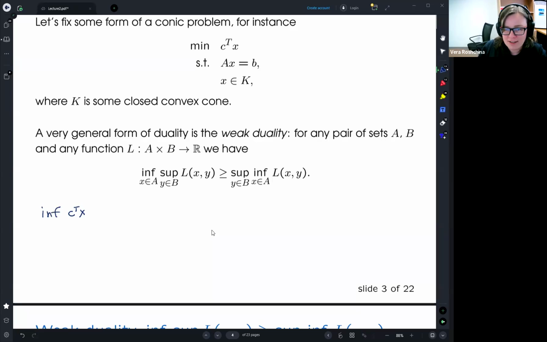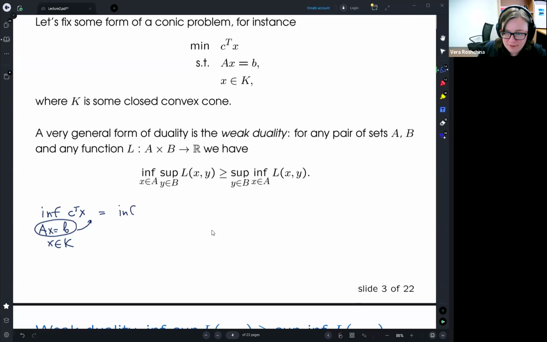So let's write it like this: the infimum of this linear function c transpose x, with the constraint that Ax equals b and x is in K. The first thing I'm going to do is tuck this inside somehow. I'm going to remove the constraints from the infimum and put them elsewhere.